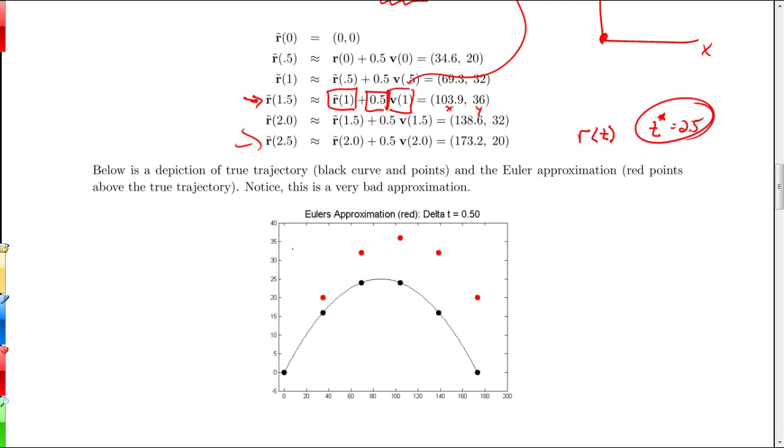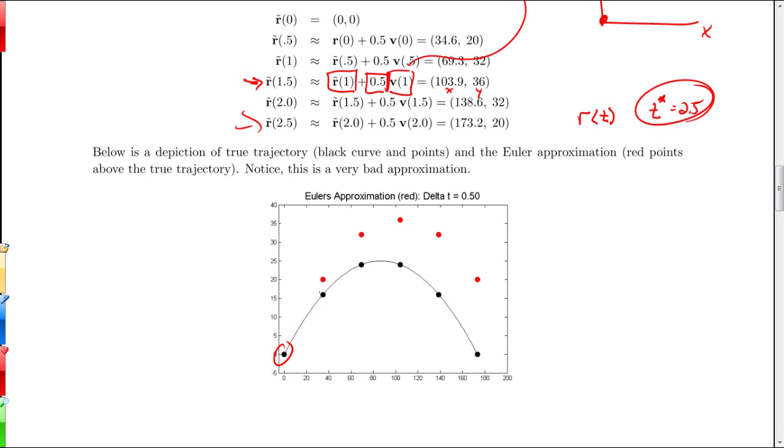If you plot it, this is that same trajectory. The black dots here are the exact solution, found in the last chapter, chapter 3.3, by the vector valued function r of t.